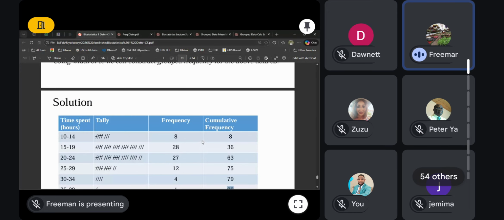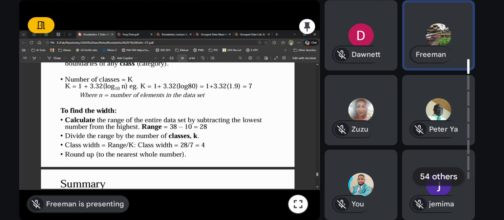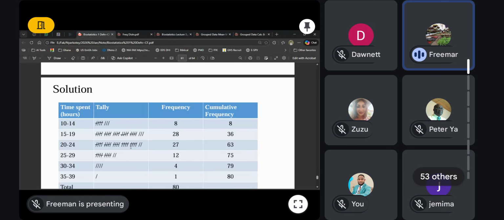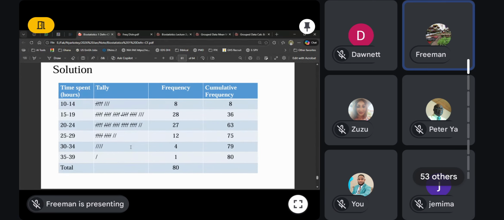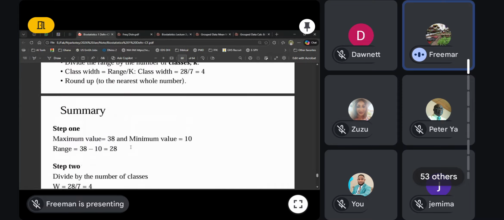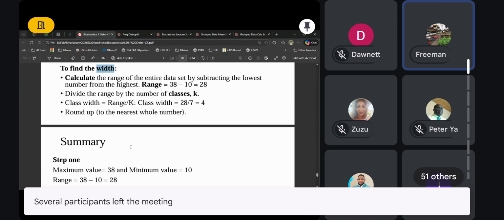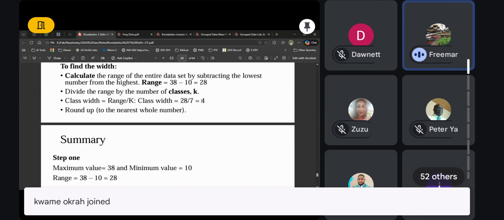Okay, let me talk about the class width. The class width, this one, or you can also see it in some books as class size. We are saying this is the difference between the upper and the lower class limits, which we calculated here, and we are supposed to use 4.